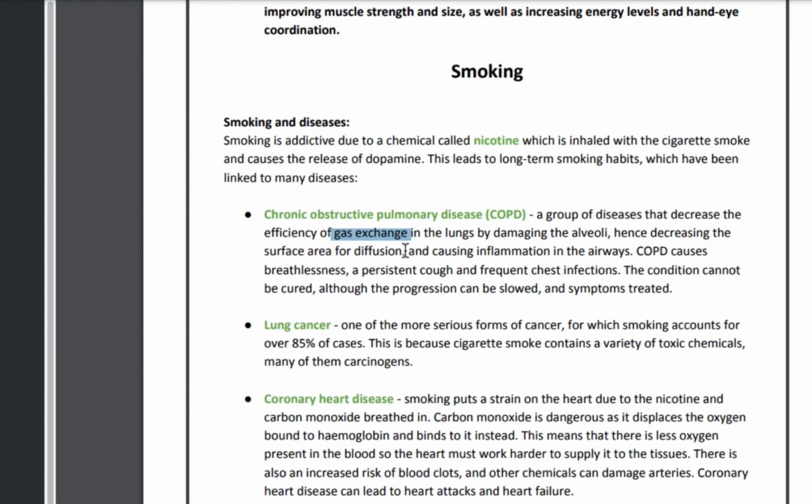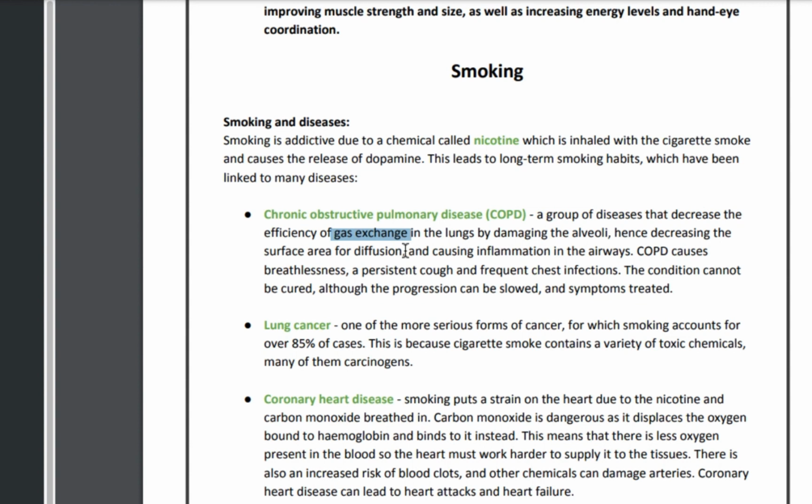It will decrease the surface area of diffusion, meaning the available platform for diffusion to take place is now minimized because smoking has damaged the better part of the alveoli. So the diffusion surface area is reduced, and it will cause inflammation in the airway.